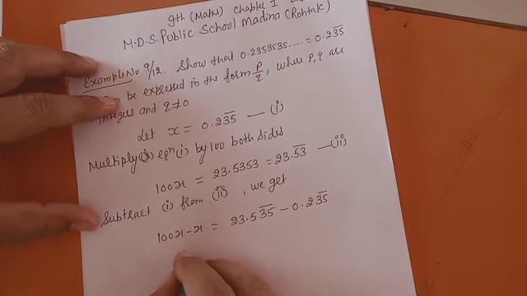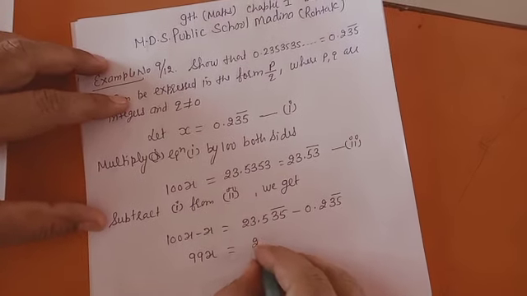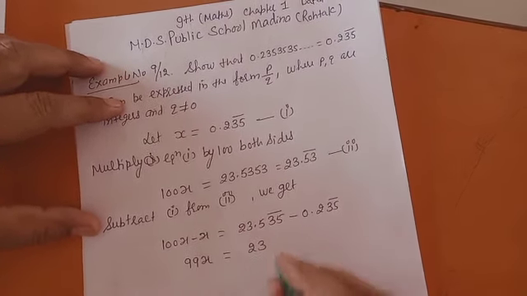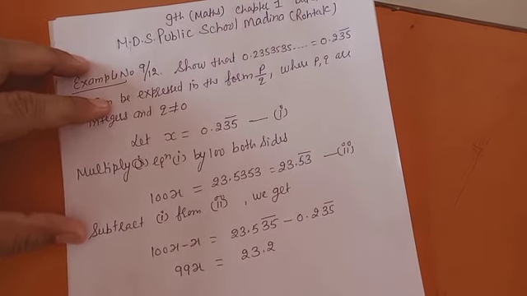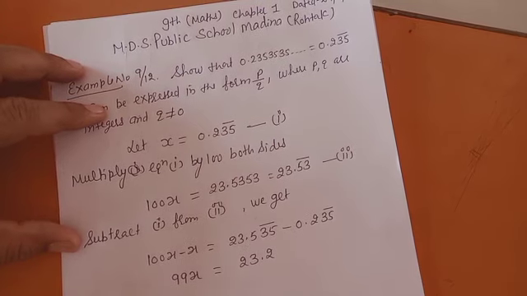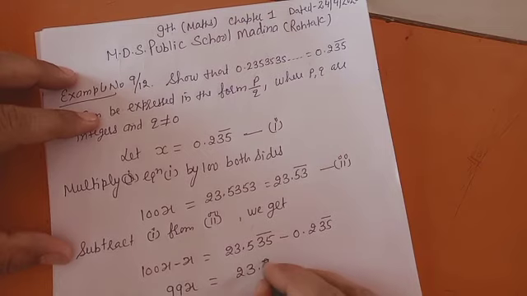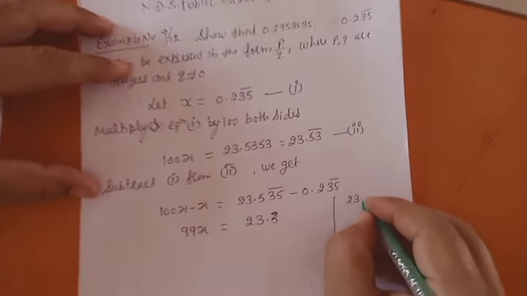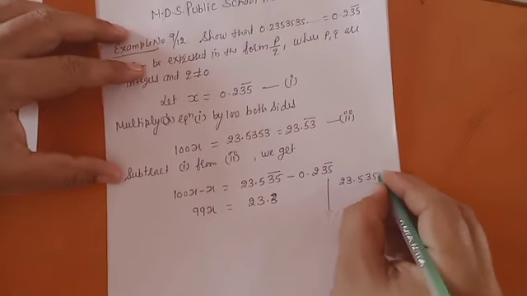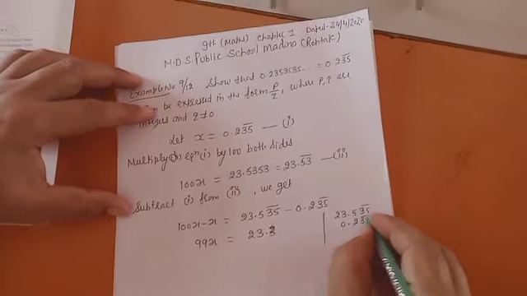So here 99x is equal to what? 23.535 bar minus 0.235 bar.